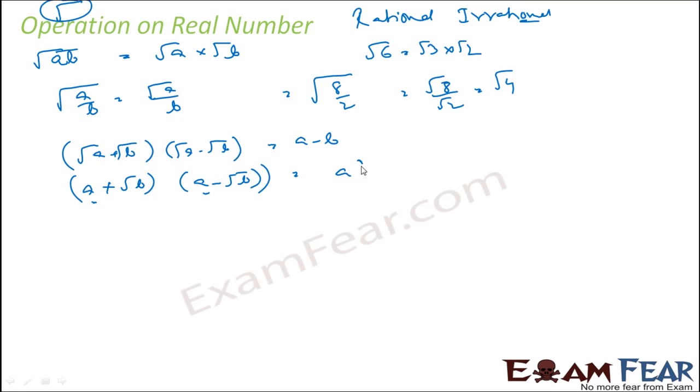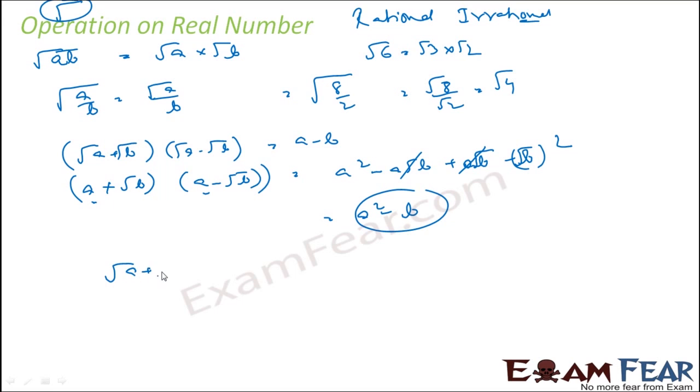This will be A into A, that is A square, minus A root B, plus A root B, and minus root B square. This gets cancelled. So what you get is A square minus root B square, that is B, so A square minus B.